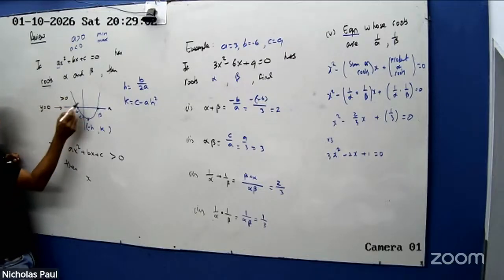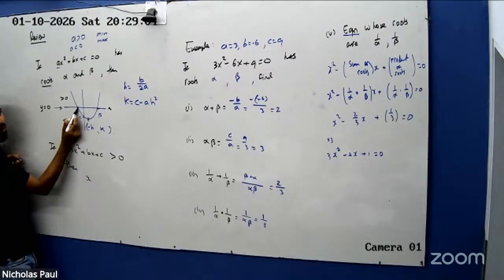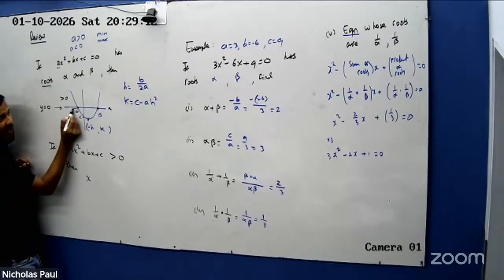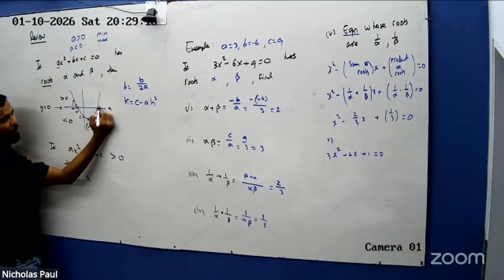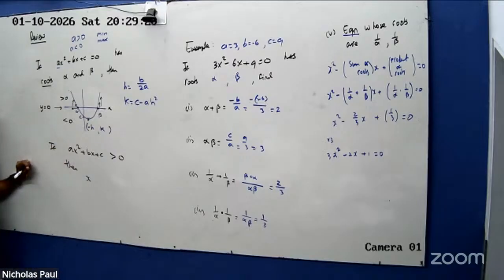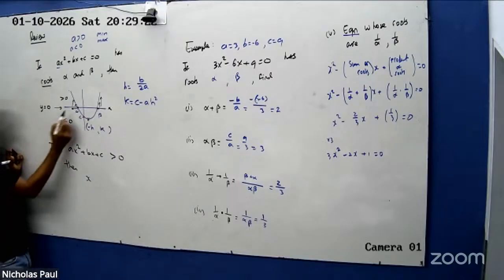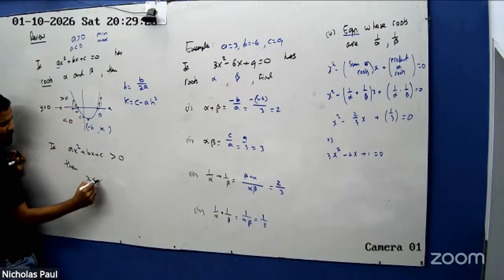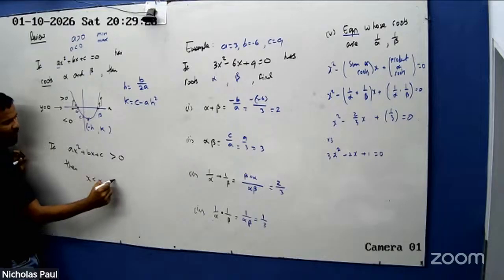If you look at this graph, you'd recognize that all the values less than alpha give you this outside part here. So anything less than alpha gives you a value here, and anything more than beta gives you a value there. Only when we have values smaller than alpha, and only when we have values greater than beta.